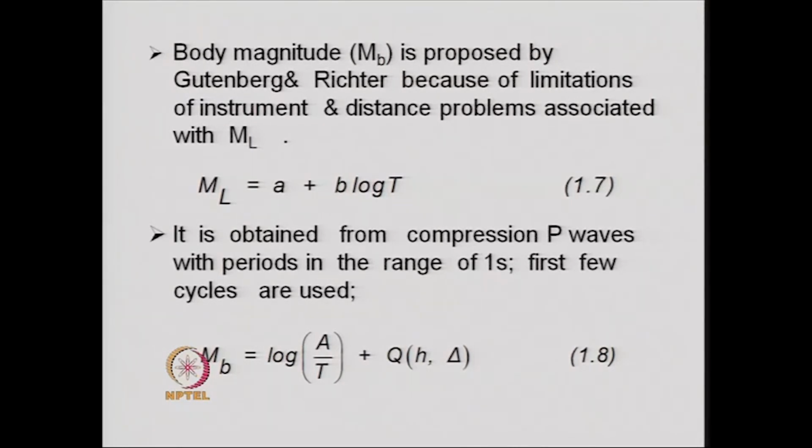The relationship between the body magnitude and the amplitude of the ground displacement is given by this equation. In this equation, T is the period of the wave and delta is the epicentral distance and h is the focal depth.